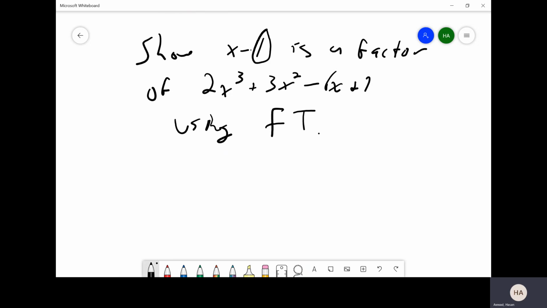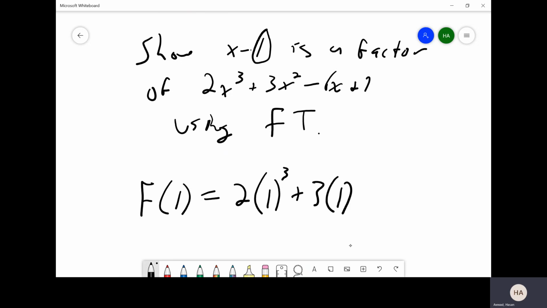So the way that we set this up is, we'd say f of 1, where the 1 is coming from that x minus piece. So f of 1 is equal to 2 times, and wherever there's an x, we're plugging in 1. So 2 times 1 cubed plus 3 times 1 squared minus 6 times 1 plus 1.